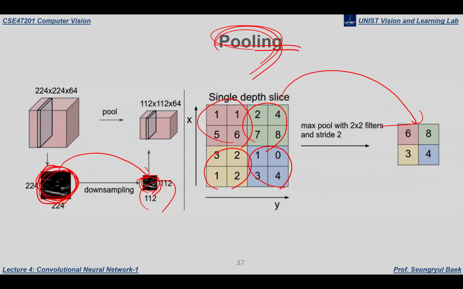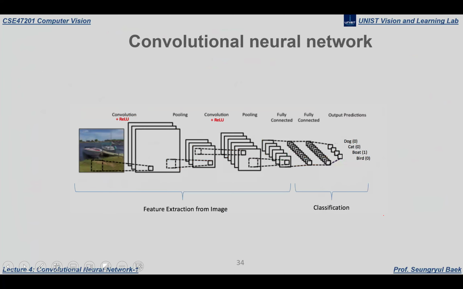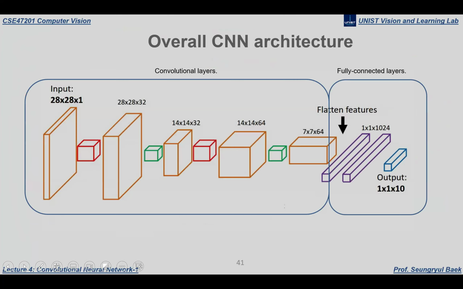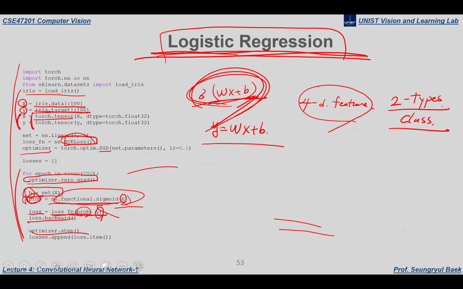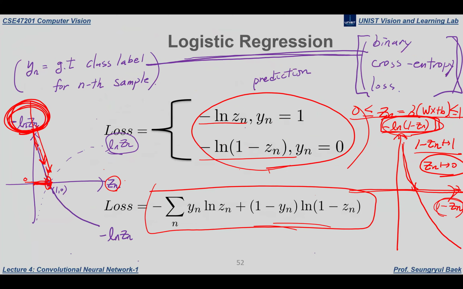The extension of binary cross entropy loss to the cross entropy loss, you can think of it as a generalization of that loss.